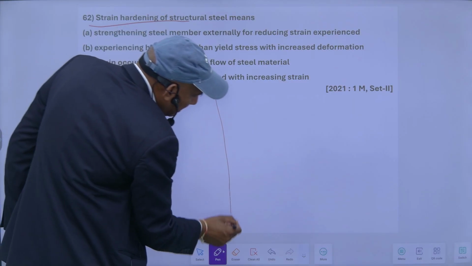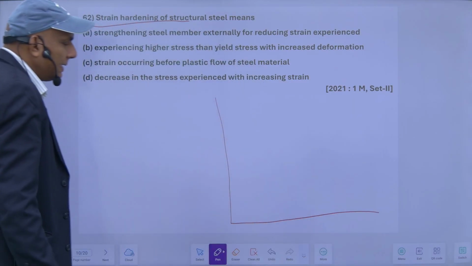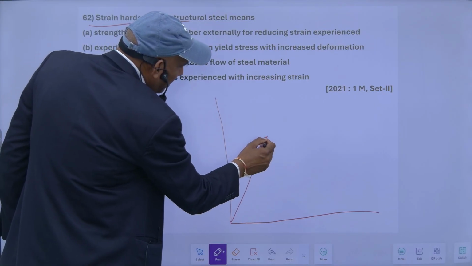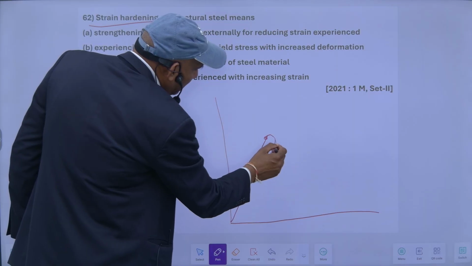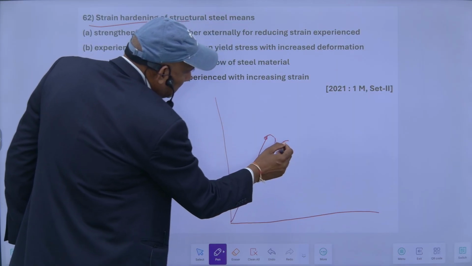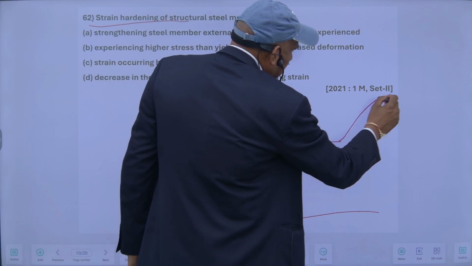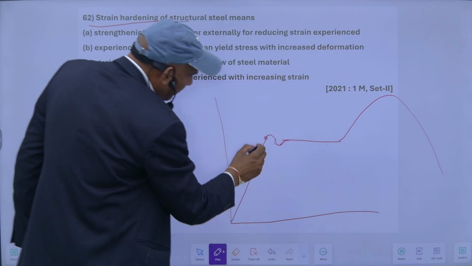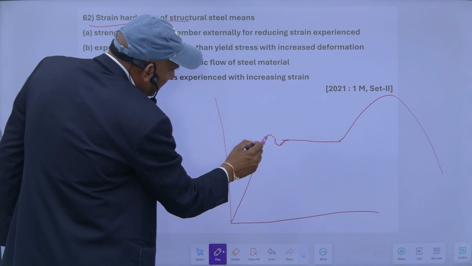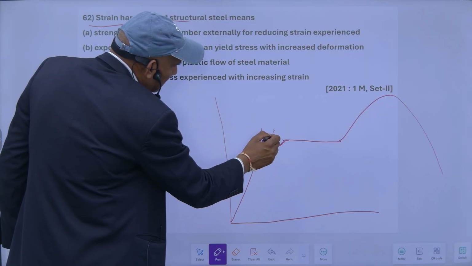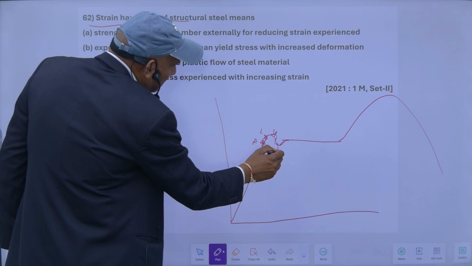There is a curve of stress strain in case of mild steel. It is like this. This is the limit of proportionality, yield point, and then it will be like this. This is my proportional limit. This is the elastic limit. This is the upper yield point, and this is the lower yield point.